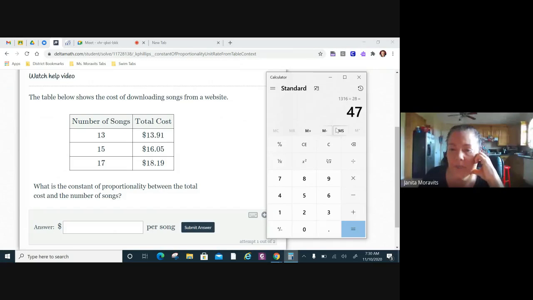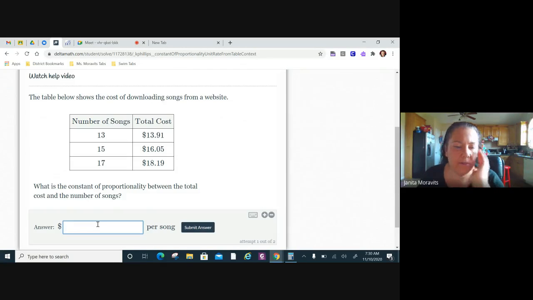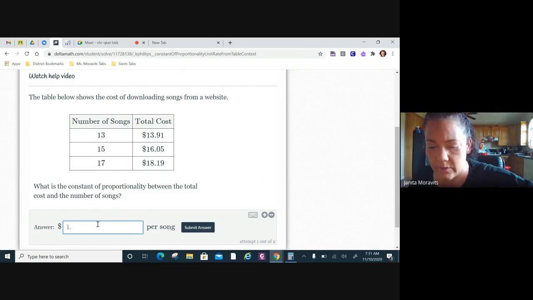All right, so here's our calculator. Let's clear it out from our last problem. And we have $13.91 divided by 13. And it looks like it's about $1.07. So let's put that in here, 1.07.